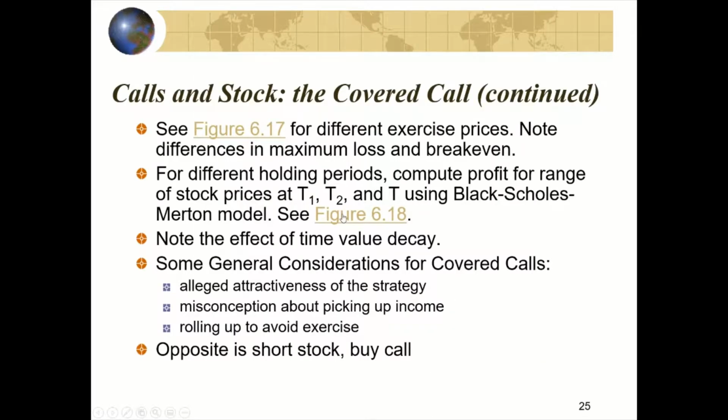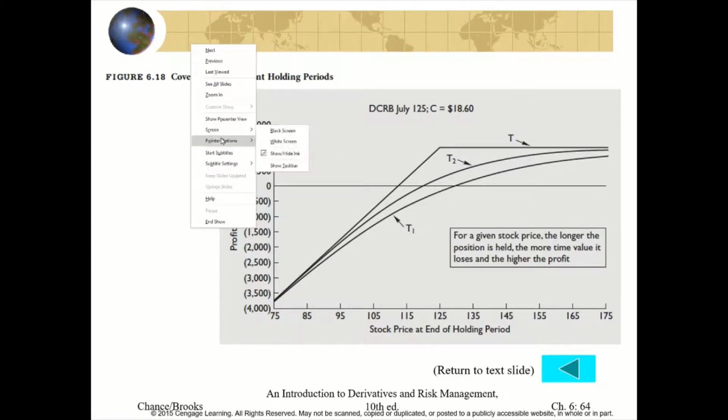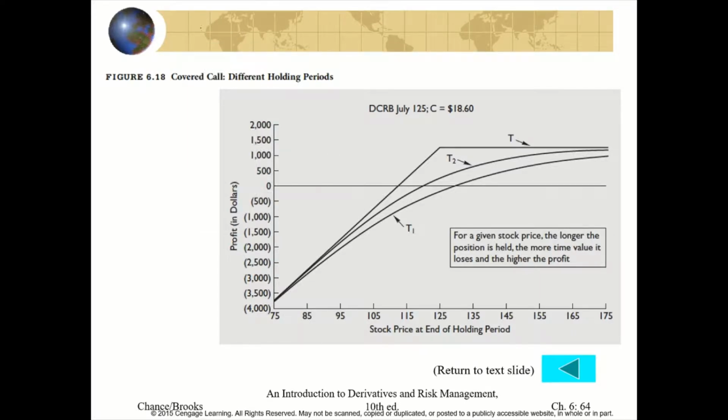If we want to examine the effect of keeping the option for different holding periods, it's the same intuition that we followed when we discussed the cases for calls and puts only. Here we have T, which is the expiration date. Here we have T2, which is higher than T1.